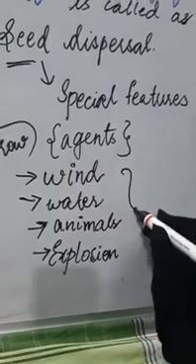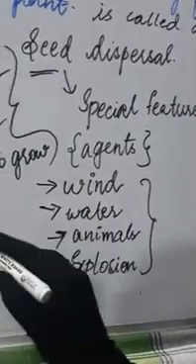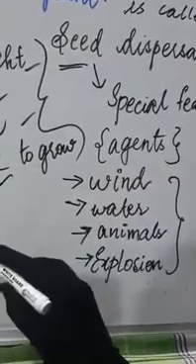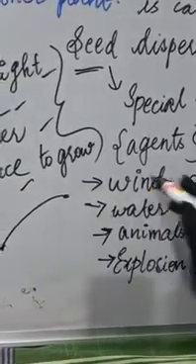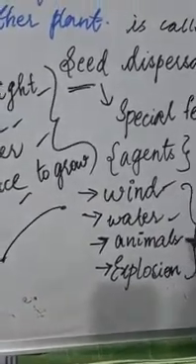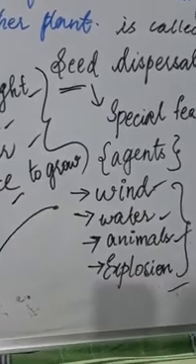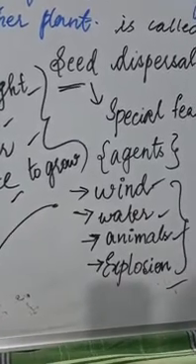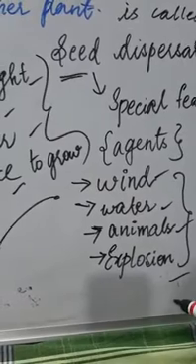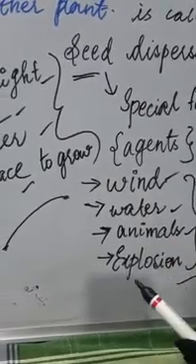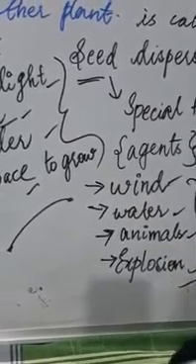These are the agents through which the seeds will be dispersed from one place to another: wind, water, animals, human beings, explosion. So let us learn all this in detail, how they carry the seeds from one place to another.